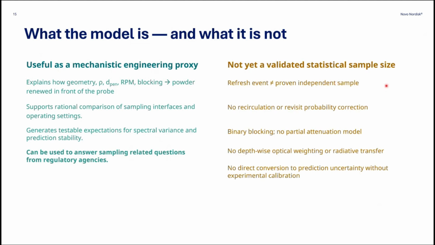So it's not a proven independent sample or refresh event. And as I alluded to, when you have the angular width interval where you add the two intervals, you make a rough assumption. As soon as the finger touches the edge of the probe, you say it's blocked.